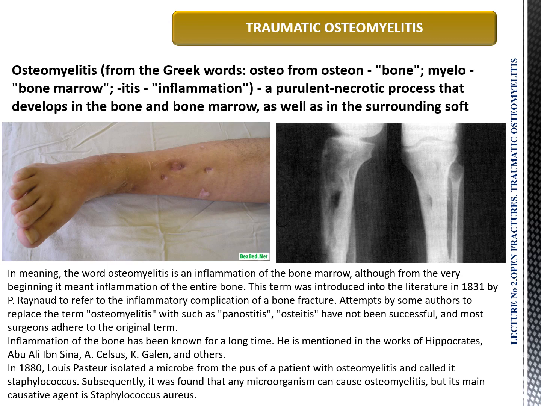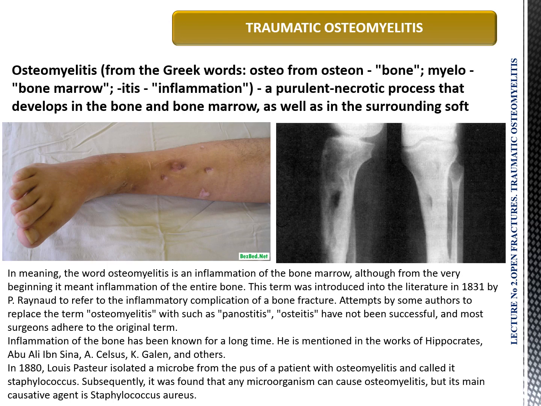According to the meaning of the word, osteomyelitis is an inflammation of the bone marrow, although in fact, even in post-traumatic osteomyelitis, the bone marrow is not always involved first. The term under this name was introduced into the medical literature by the famous French doctor Raynaud in 1831.